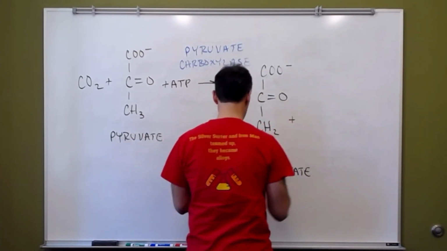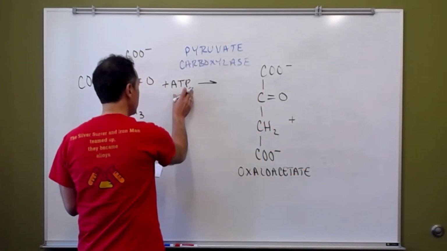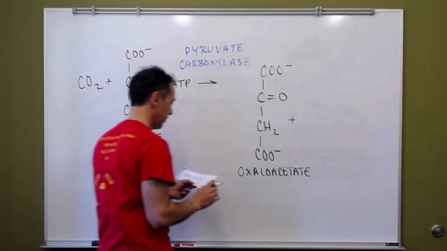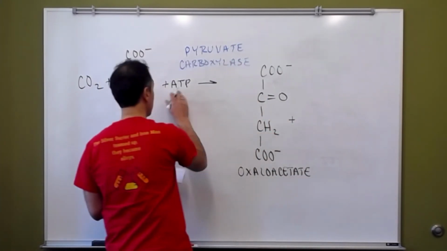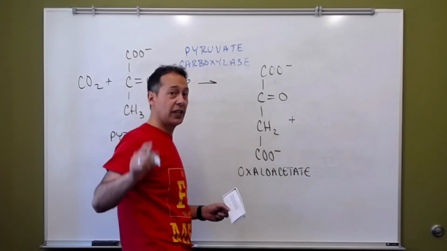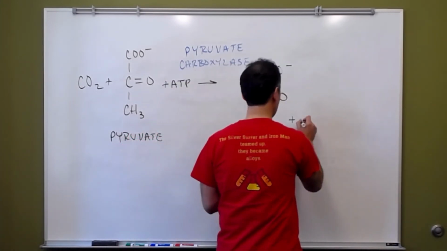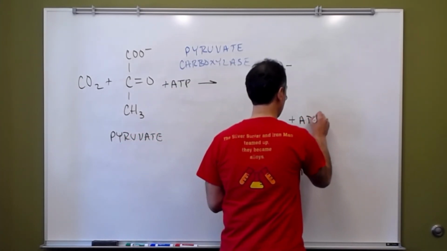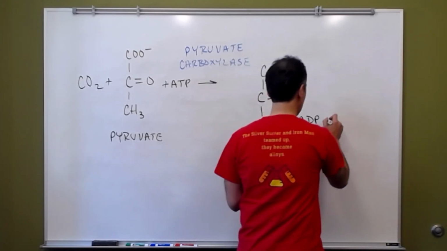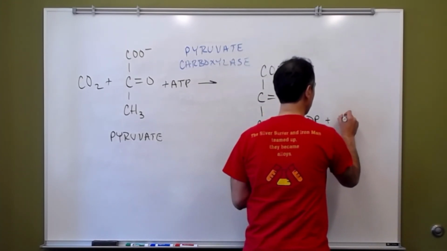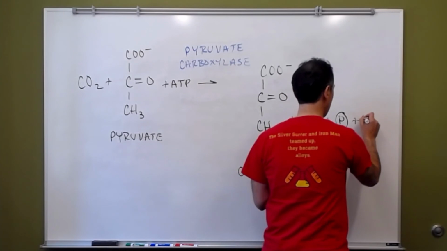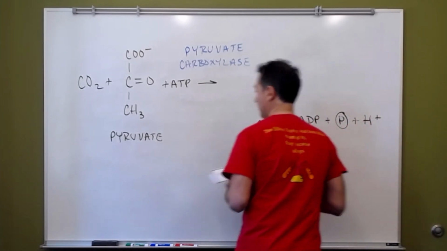And now we've used the energy from ATP, and so instead of adenosine triphosphate, this becomes adenosine diphosphate, ADP, plus a phosphate group, plus a hydrogen ion.